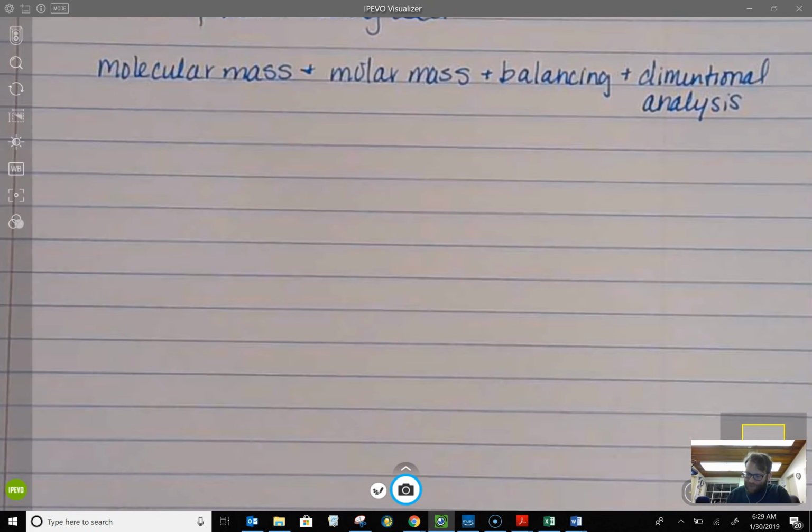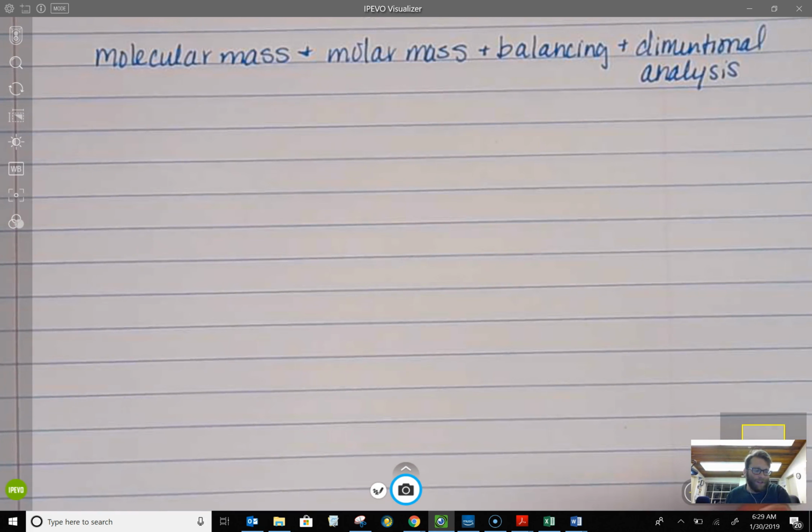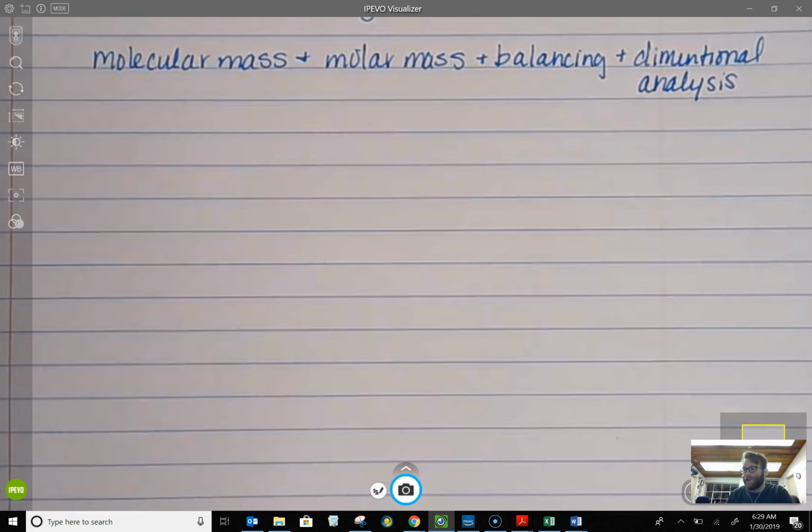Okay, so I think the best way to do stoichiometry is to go through an example, right? And then look at that example to see the steps that we took in order to solve the problem, okay?